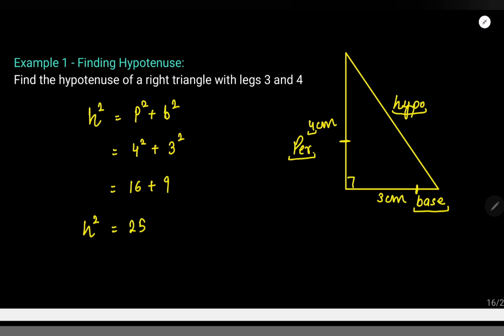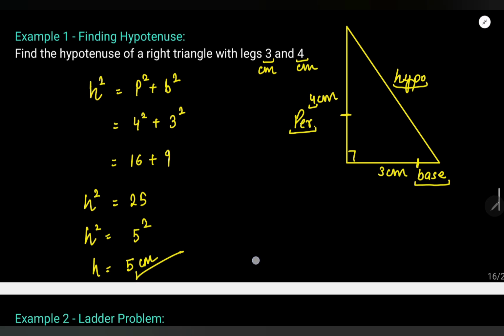H square is equal to 25, and 25 is 5 square, so H is equal to 5. This is our answer. Hypotenuse is 5. They didn't tell us the unit; if it was centimeter, then we will write centimeters here. Always focus on the unit as well.